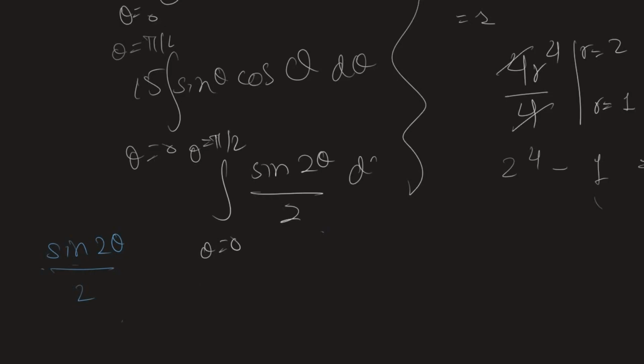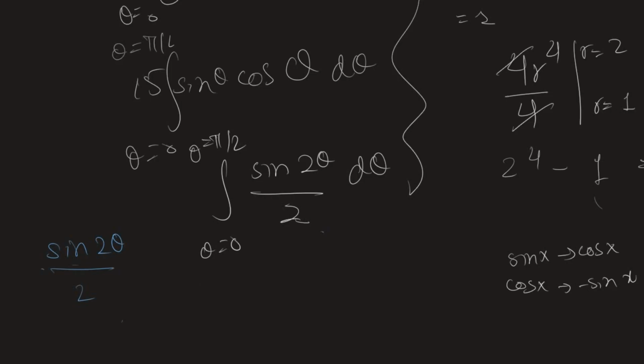pi over 2 d theta. So now we can finally integrate it. You remember how we take the derivative: the derivative of sine x is cosine x, and the derivative of cosine x is negative sine x. Taking the integral basically means undoing the derivative.